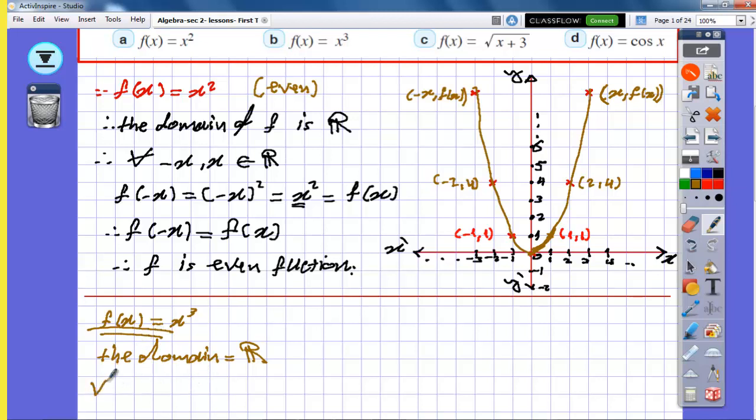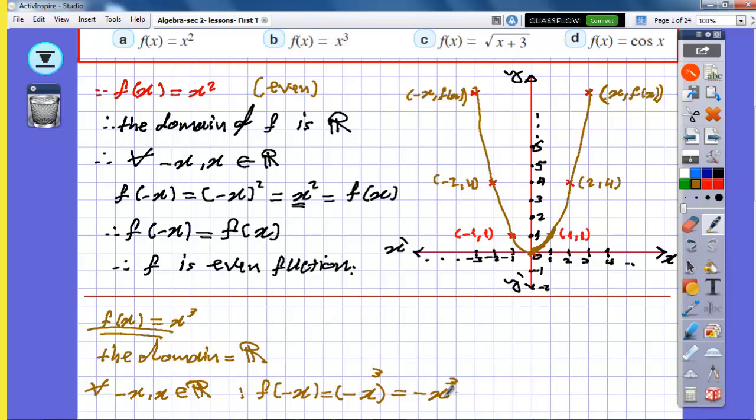So for every negative x and x belonging to R, what do we have? f of negative x equals negative x to the power 3, which equals negative x to the power 3, as negative to the power 3 equals negative.